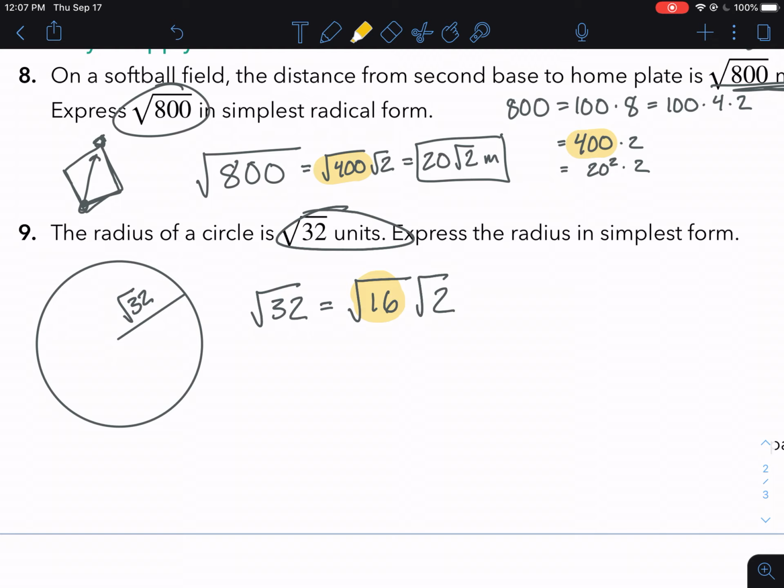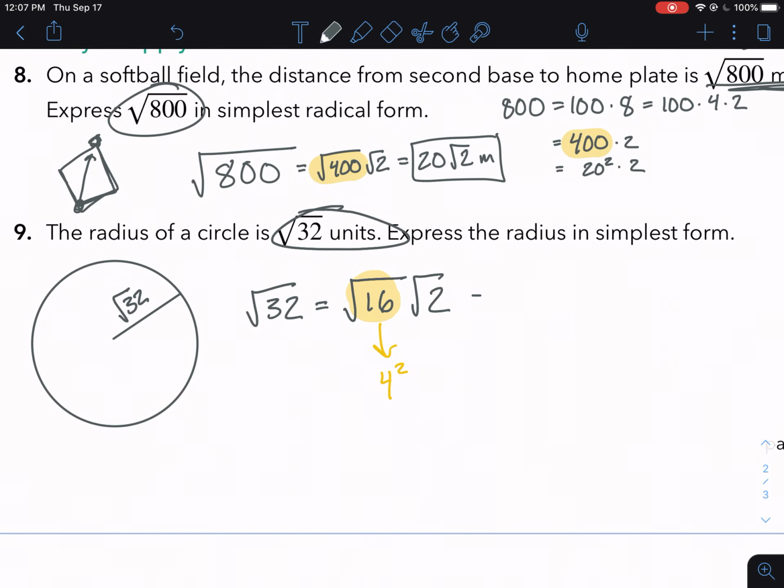And what's nice about 16 is it's a perfect square. I hope you can't hear that leaf blower outside my window. 16 is 4 squared. So that's the same thing as 4 rad 2. And 4 rad 2 units. Here we go.